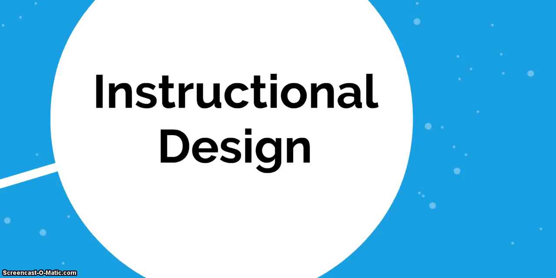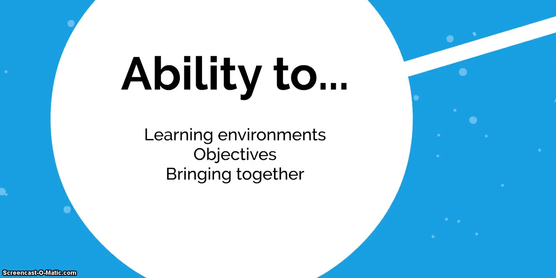Next, we come to instructional design literacy. This is the ability to know and understand different learning environments that might be more useful, as well as the various objectives of what you are trying to achieve.